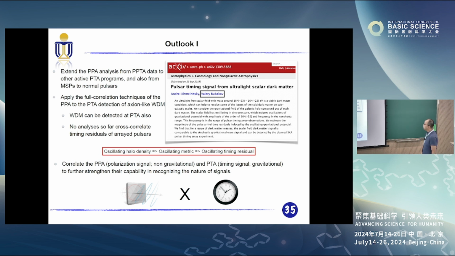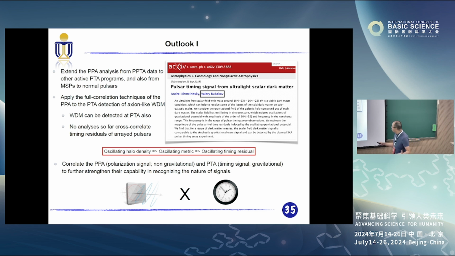So this could be another direction to explore, just by applying the full correlation techniques for the PPA to the PTA. In addition to that, we may also consider correlating the PPA and the PTA to further strengthen their capability in recognizing the nature of the signals.